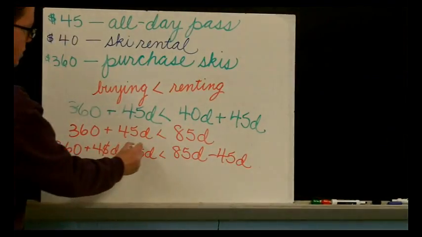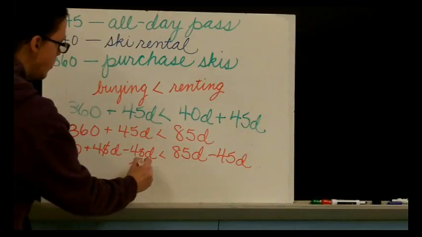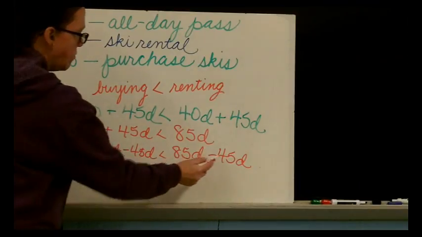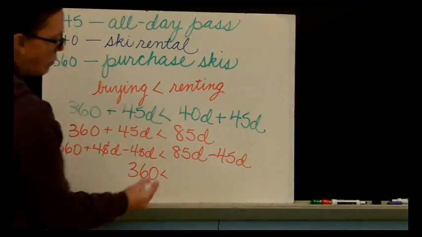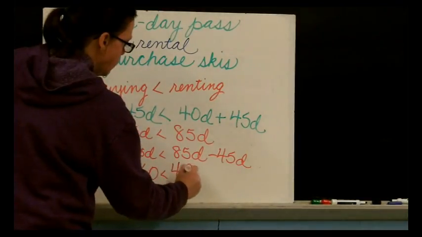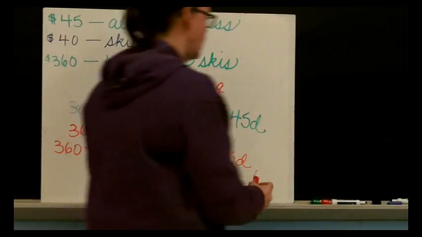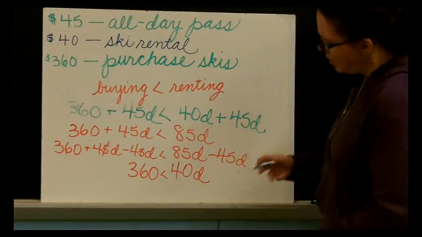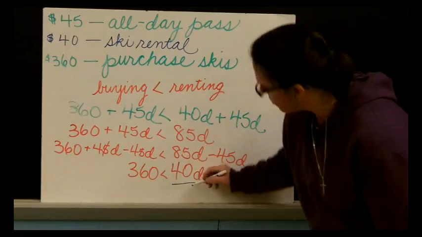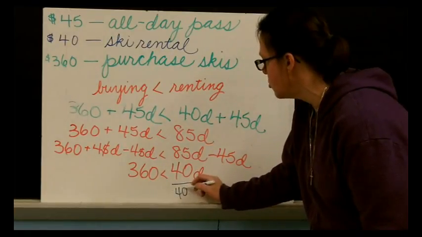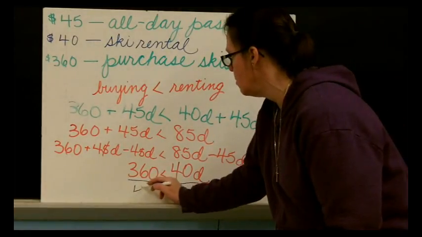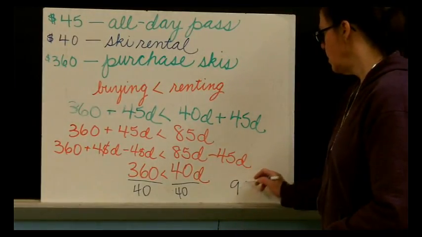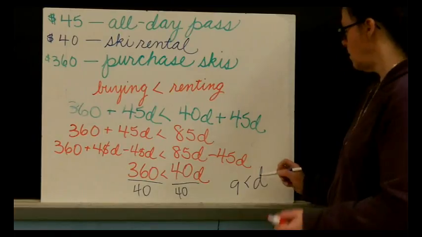And what we've done is we have our 360 by itself, and we have one term of 40D. And we know that we have to divide both sides now by the coefficient 40. And we get that 9 is less than D.